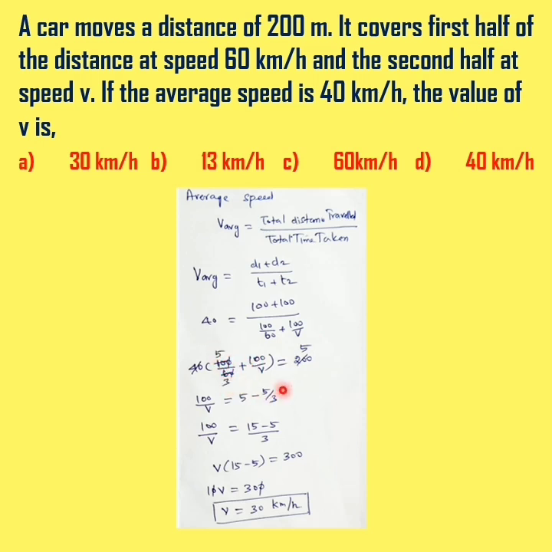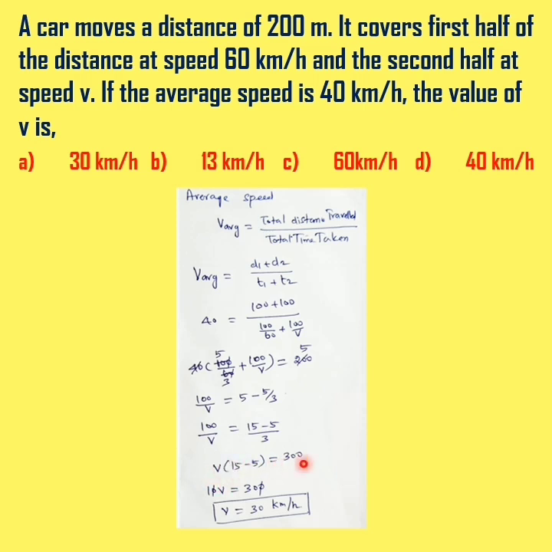So 100 by v is equal to 3 times 5, 15, minus 5, divided by 3. If we simplify this, it is 100 into 3, 300, equal to v times 15 minus 5.